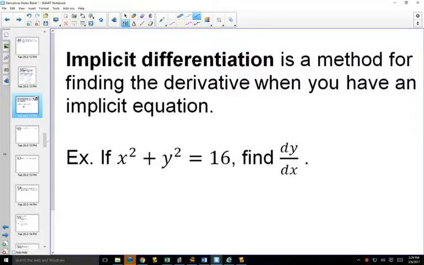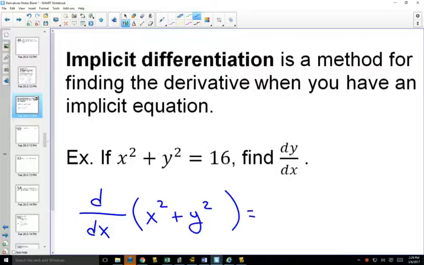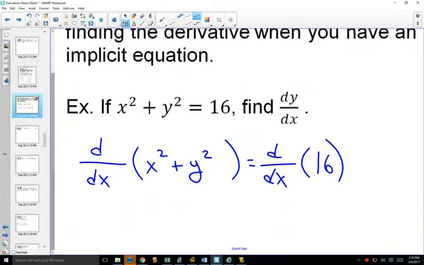So if I take the derivative with respect to x of the left side of my equation, and I take the derivative with respect to x of the right side of my equation, this is what will happen. What's the derivative with respect to x of x squared? Well, that's easy, because I know how to do that. That's just going to be 2x.